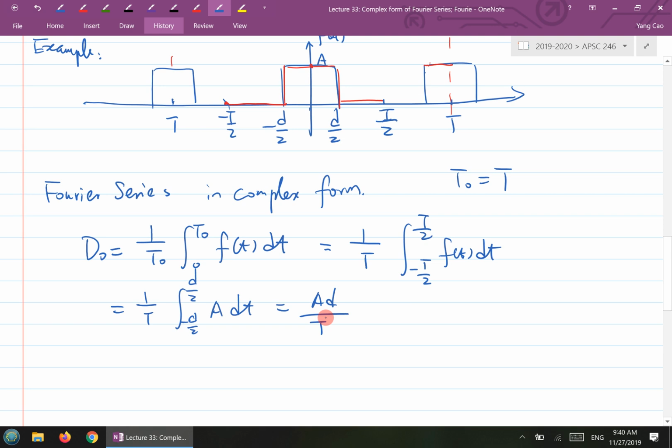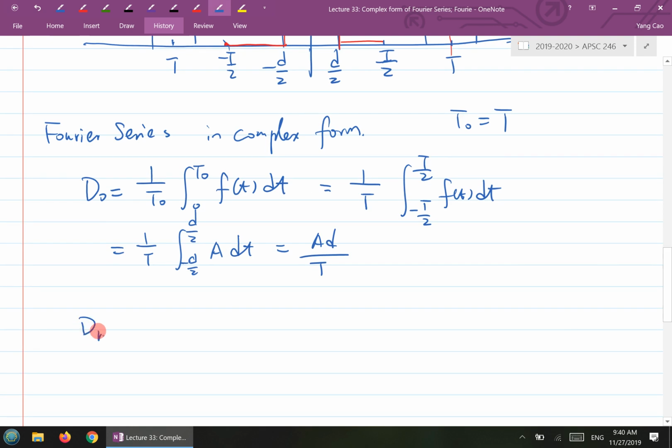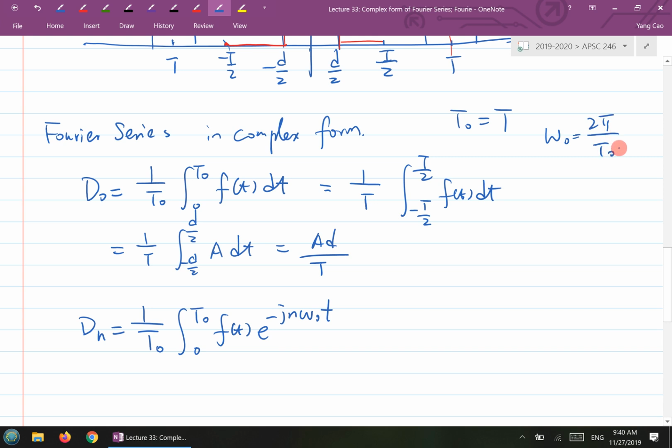And then dn. The formula for dn is 1 over t naught, similarly the integral from 0 to t naught of f of t e to the negative j n omega naught t. Always remember omega naught is 2 pi over t naught.